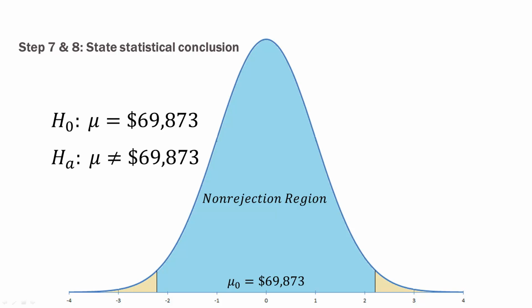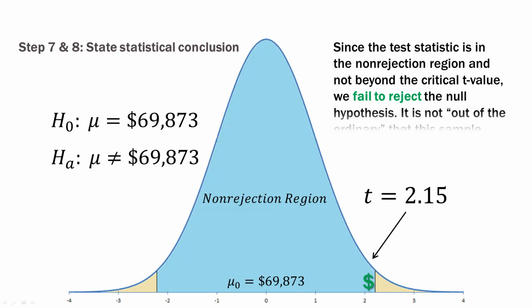Now we'll go ahead and put that in the context of our sampling distribution. So our hypotheses there are the same. We have our hypothesized mean there in the middle, our non-rejection region in blue, and our rejection region in the brown. So where does our test statistic fall? Well, it's 2.15, so it falls right there. Now what do we notice?